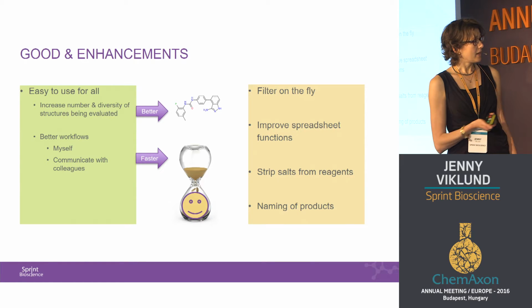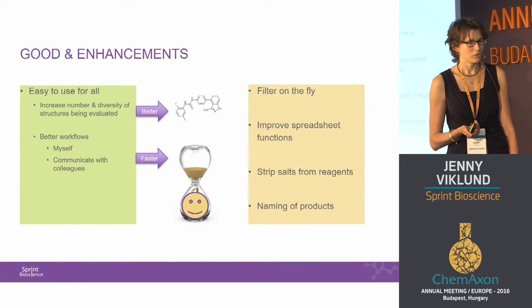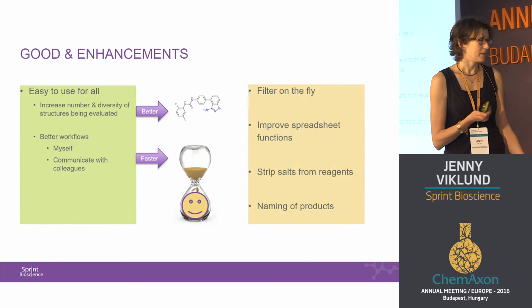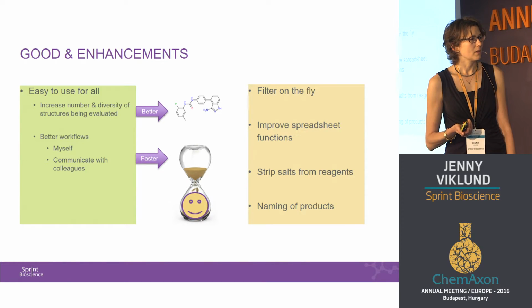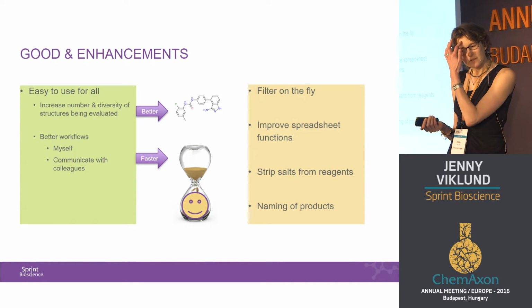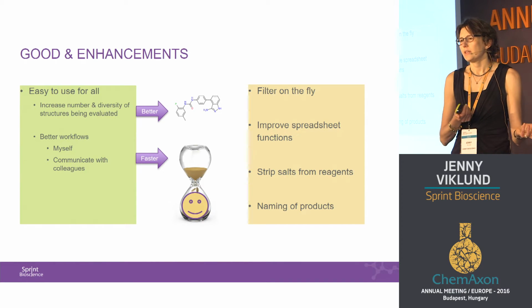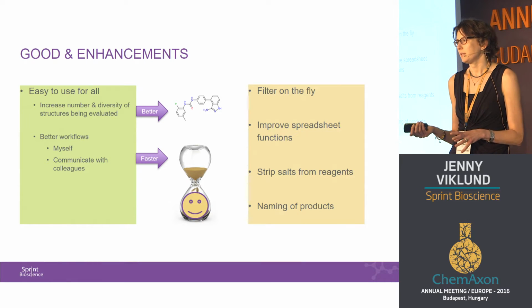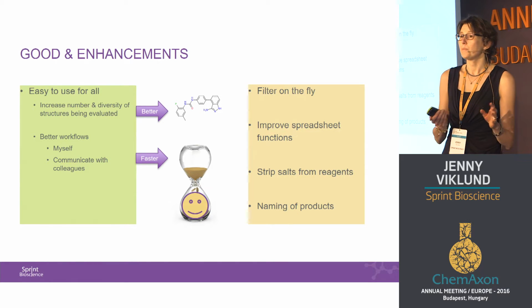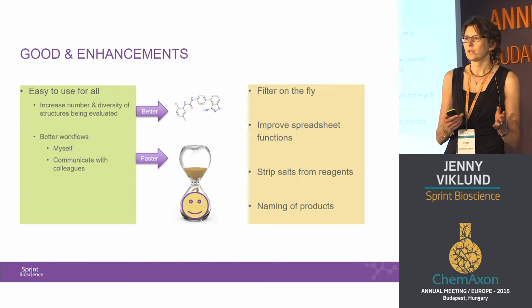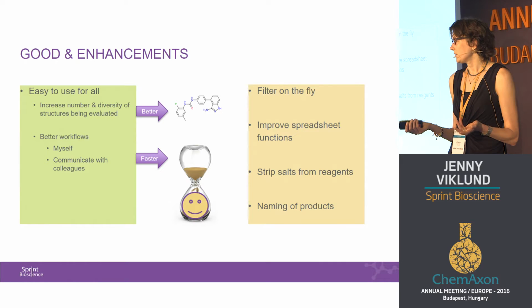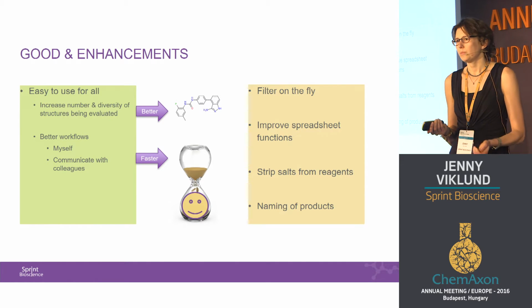Small thing, being able to strip salts from your reagents. You can do that if you have a KNIME workflow, but if you don't, maybe it would be nice to include it. And also for me, as a computational chemist, I think the naming of the products, the products that are enumerated, if I get good, reasonable names automatically, for instance, including the reagent IDs from all the reagents that I have created my library from, that would be really powerful.